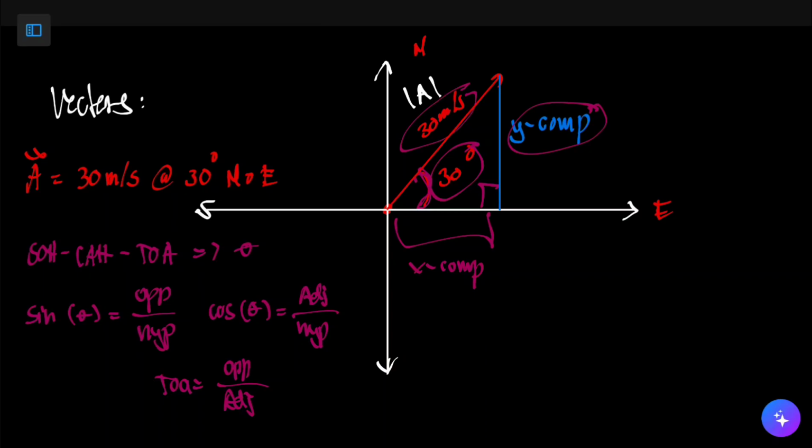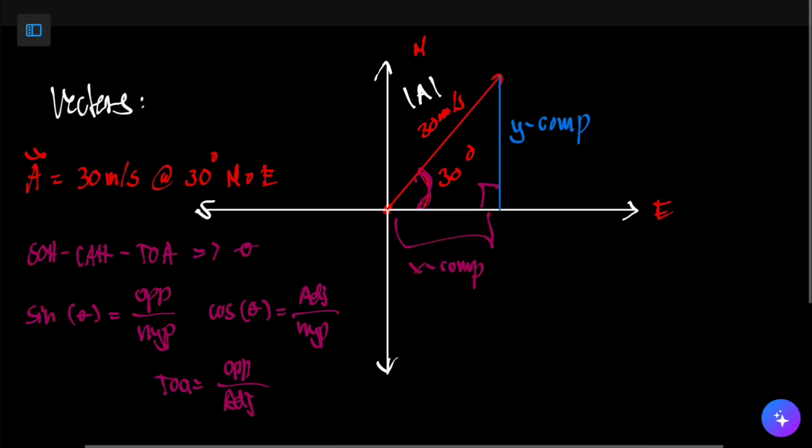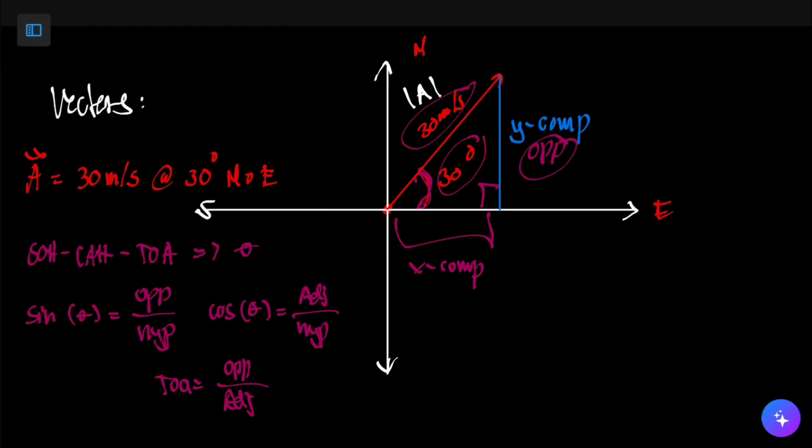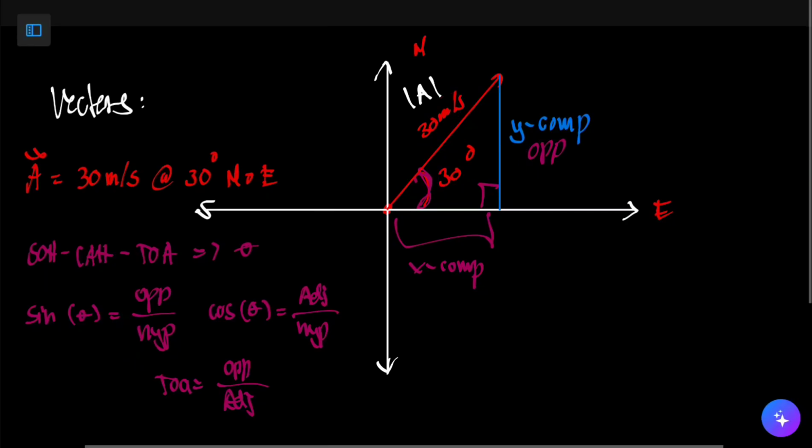Your y component here is directly opposite of the angle. Now you have the opposite, the hypotenuse, and the angle. So what can we use? Of course, this one. We can use that to determine the value of your y component.